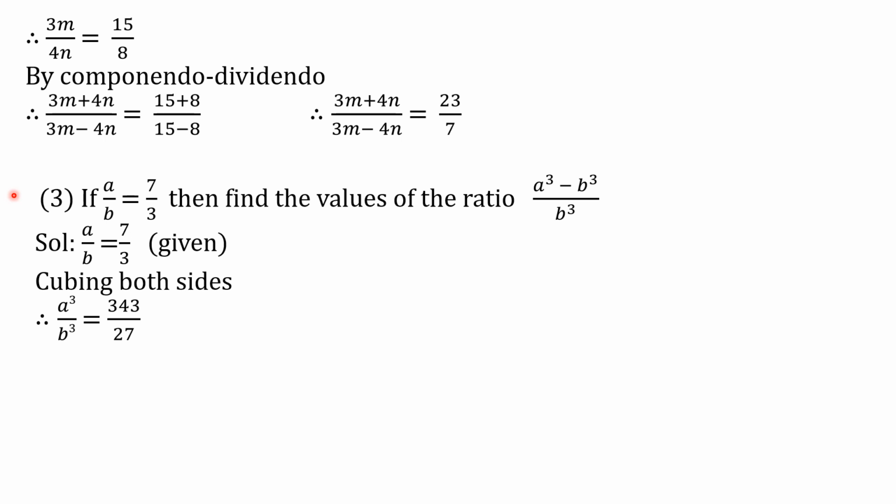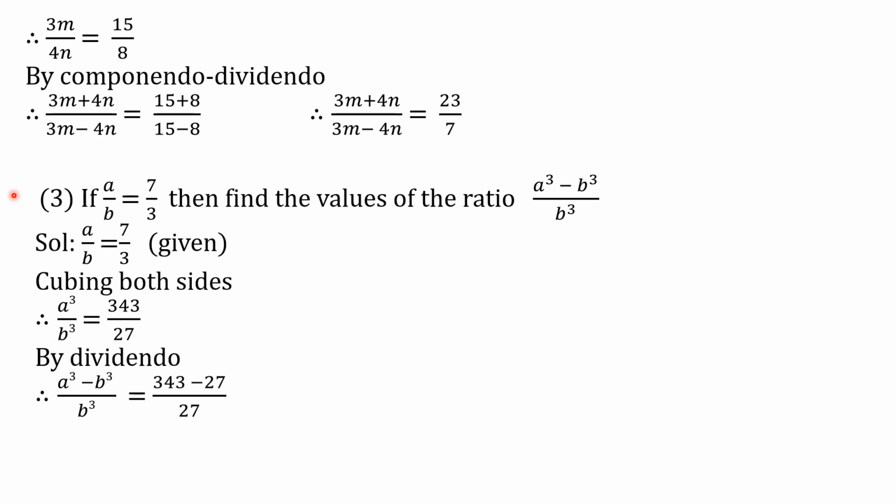So now students, I need it in the form of a cube minus b cube upon b cube. So you apply the property of dividendo. By dividendo, a cube minus b cube upon b cube equals 343 minus 27 upon 27.